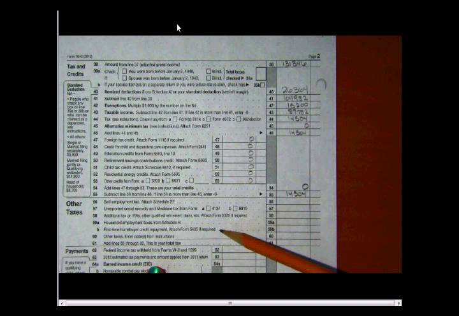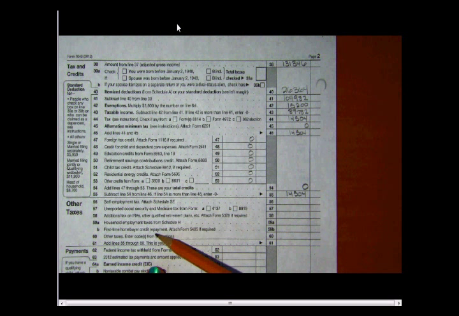If you are a first-time home buyer, you get a credit, which you have to repay if for some reason, I don't remember why. Other taxes, you don't have to worry about that. We're going to add everything together. I would say that for most people, these questions here don't really qualify for the majority of the population. Very few people have to worry about those.